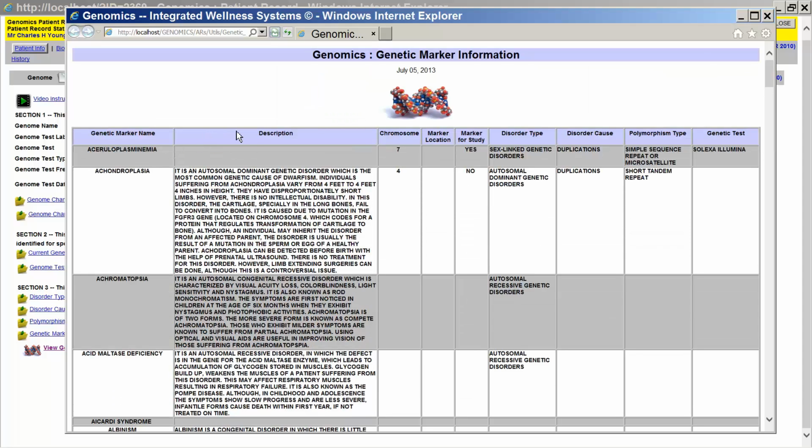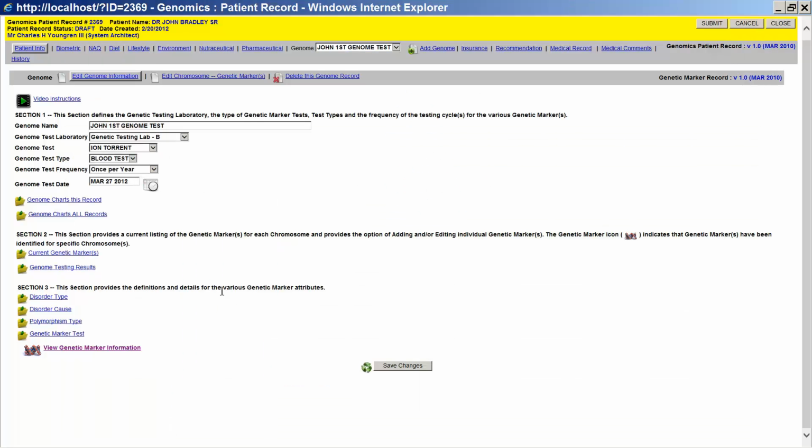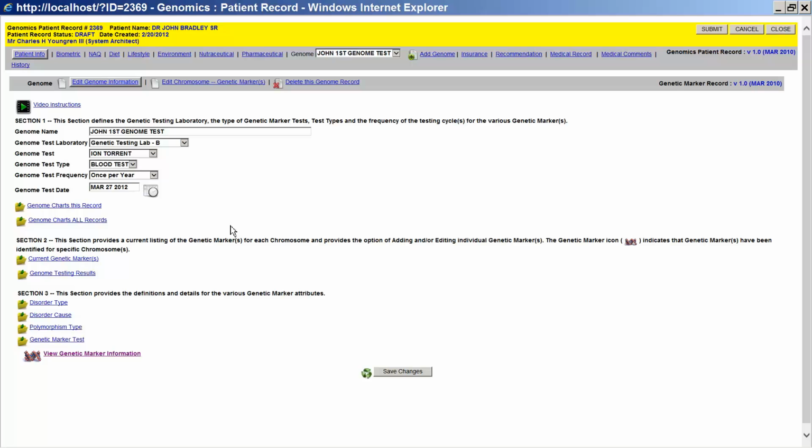For genetic markers, their respective description, chromosomes that have been identified as containing the specific genetic marker, the marker location, the disorder type, the disorder cause, the polymorphism type, and the genetic test that's typically employed to identify a specific genetic marker. This is the metadata for a specific genome test for a particular patient.